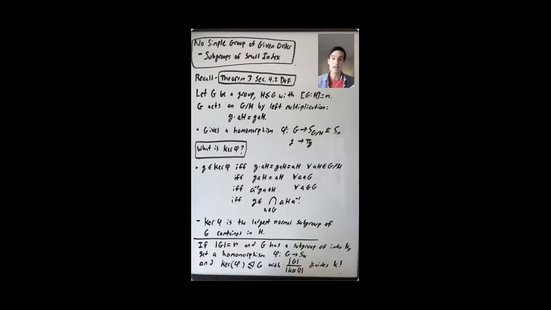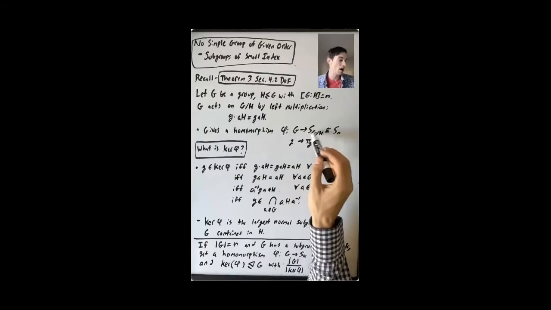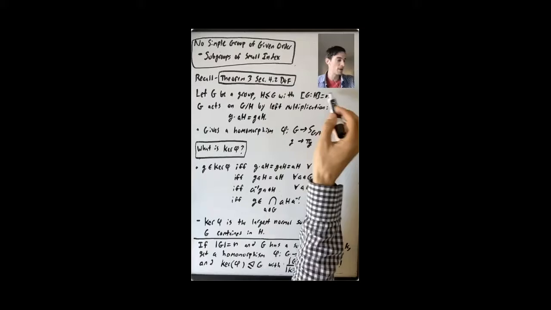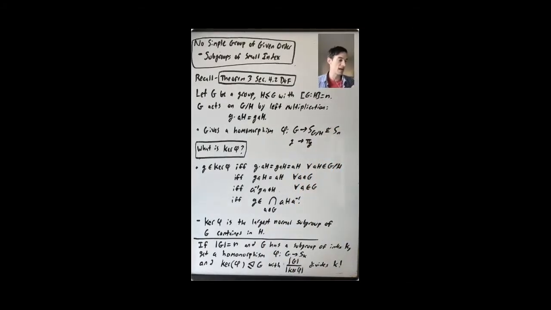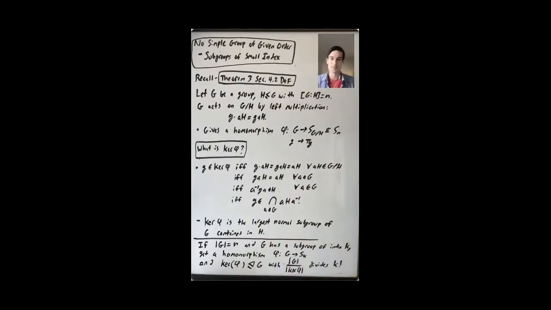This group action gives a homomorphism from G to the permutations of this set of left cosets of H in G. But there's n of these because this group has index n. So S_{G/H} is isomorphic to S_n. So we get this homomorphism where you take an element g to the permutation of these cosets that you get from g.